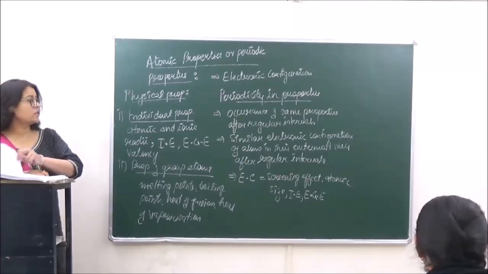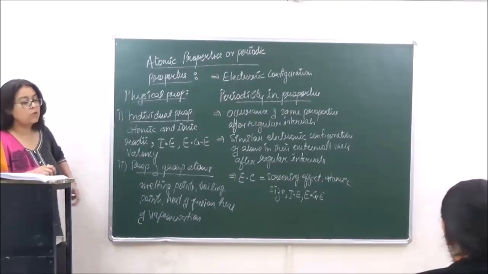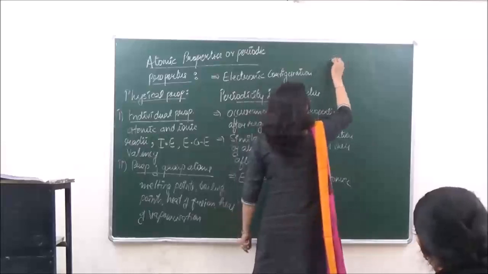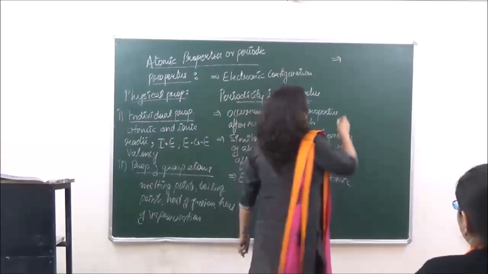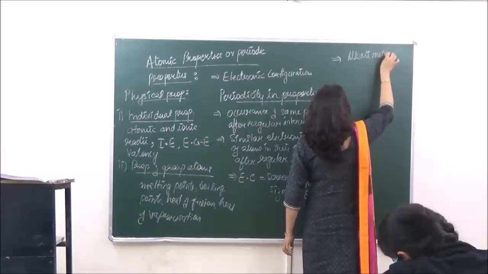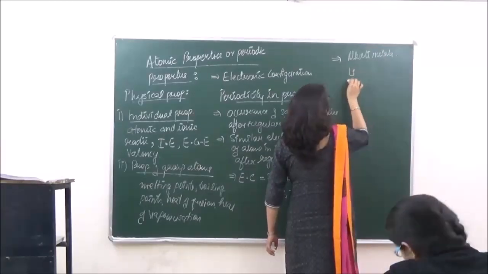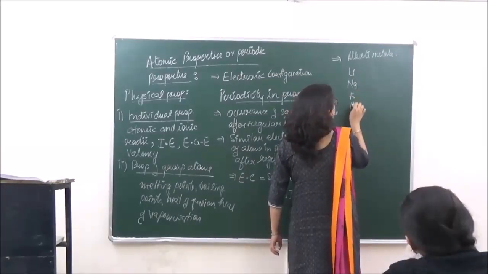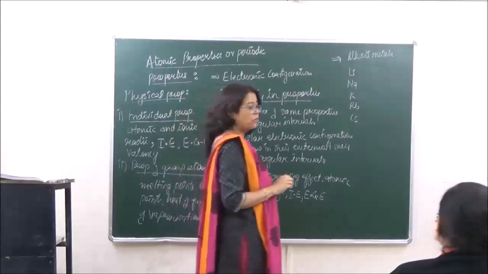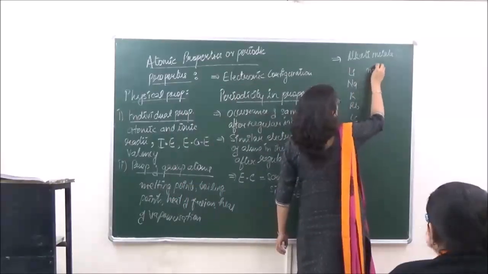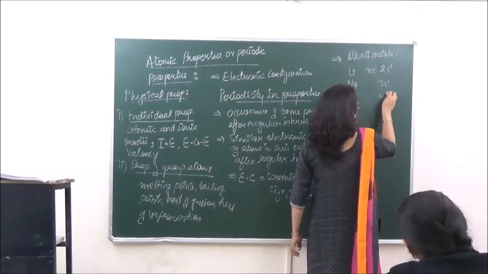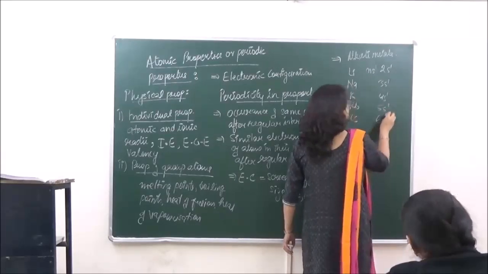Now chemical properties, as we just said, are going to remain the same due to similar electronic configuration in the outermost shell. Like for example, if you are talking of alkali metals, that means lithium, sodium, potassium, rubidium, cesium, all these have the general electronic configuration of ns1 in the outermost shell. Like in lithium it is 2s1, then 3s1, 4s1, 5s1 and 6s1.